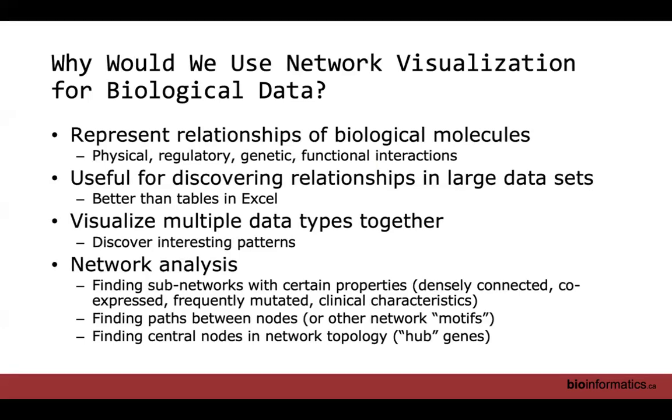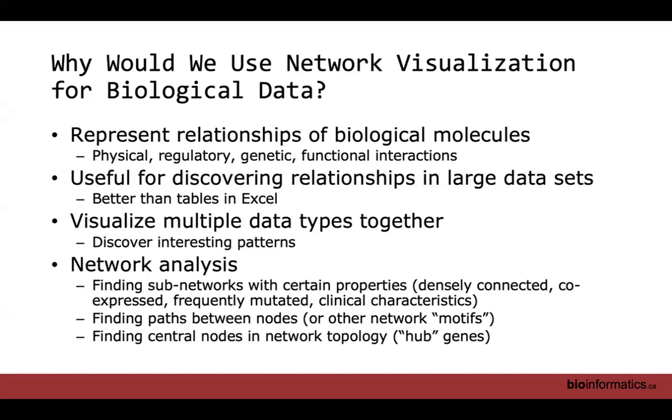And on top of that, we can also do something called network analysis. So there's a lot of tools that we can then use with our network to find trends or to find interesting information in the network. For example, you can find subnetworks, which could be highly interconnected areas in the network that could represent potentially protein complexes. You can also look for certain genes that are highly connected, or hub genes, right?